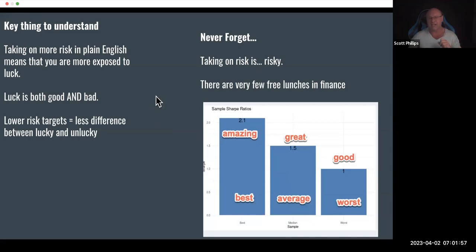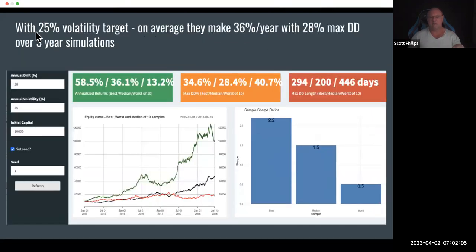And I want you to never forget that taking on risk is risky. There are no free lunches. Well, there's one free lunch in finance. So with a 25% volatility target, and this is about the minimum that most of you are going to be interested in, on average you're going to make 36% a year with a 28% maximum drawdown over the 3 years.